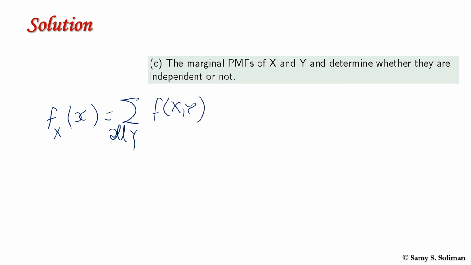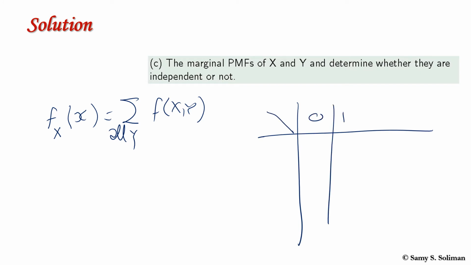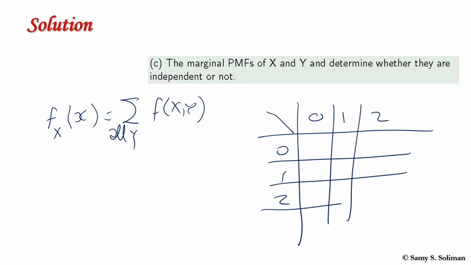Of course, note that this is a PMF, so you should find the value of this PMF for every specific value of x. That's why we can use the table that we generated before. So we already know all these values.